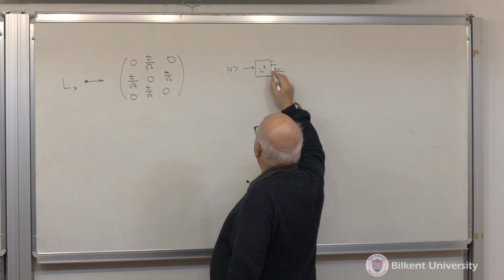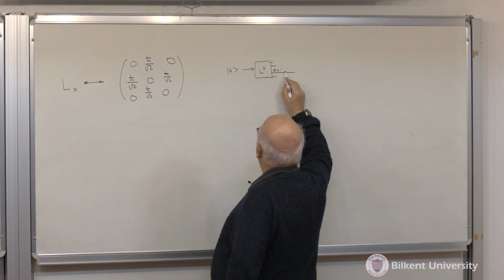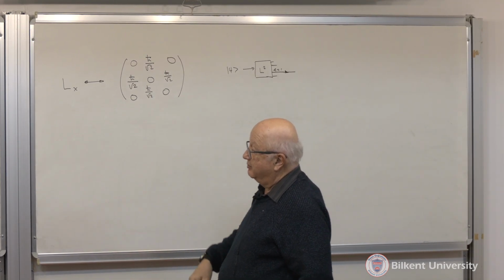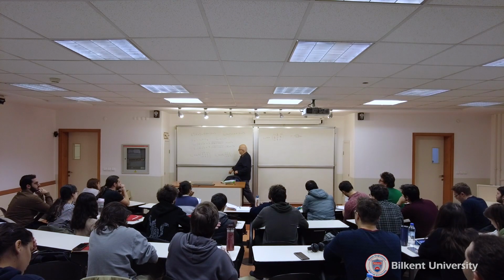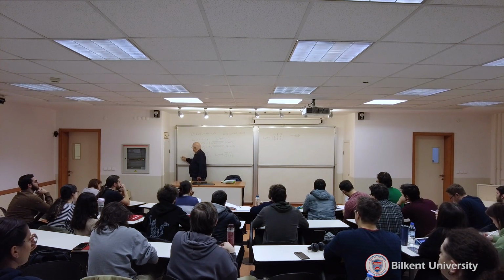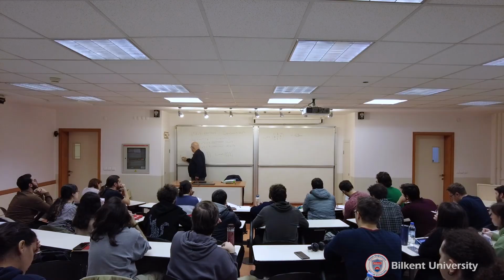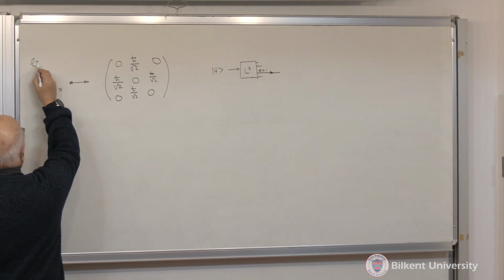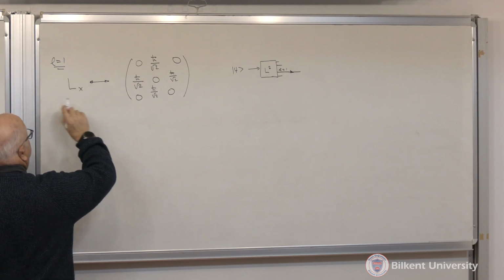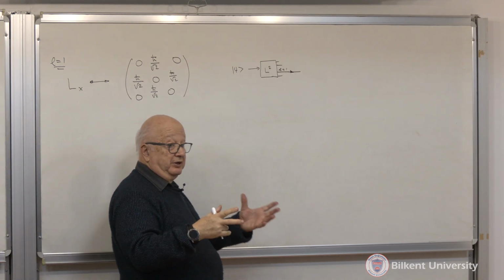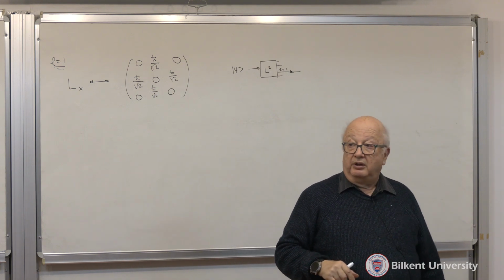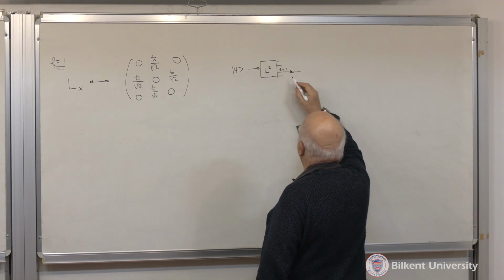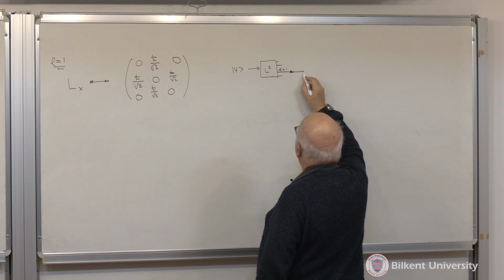It may have other pieces. All of these things that I am writing here for L plus and L minus are for the L equal to 1 case. Remember that for L equal to 2, I get a different matrix, and so on.